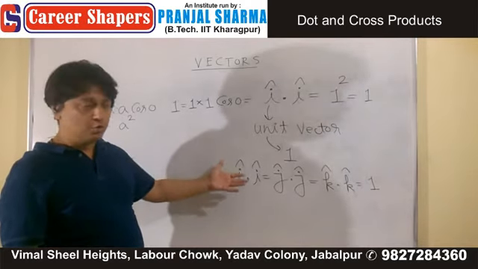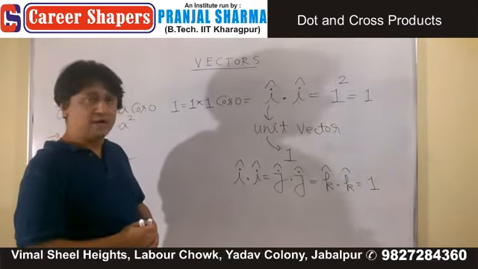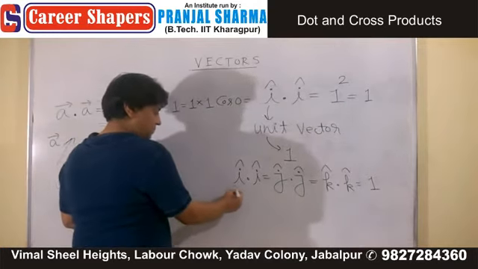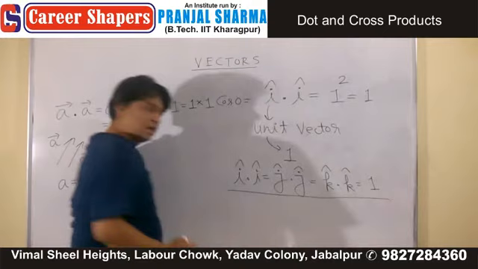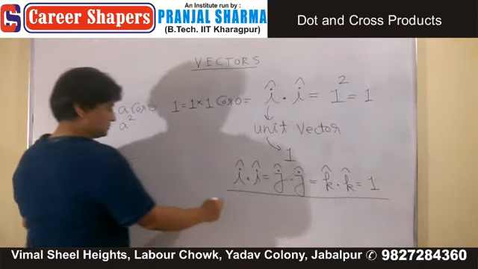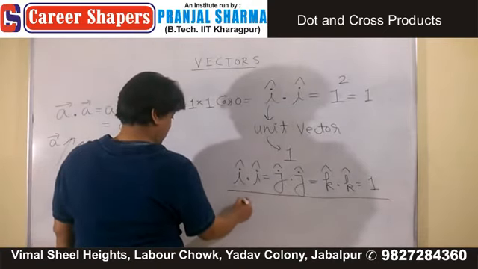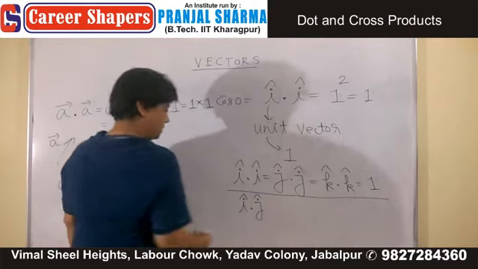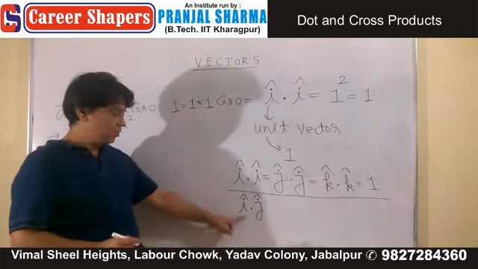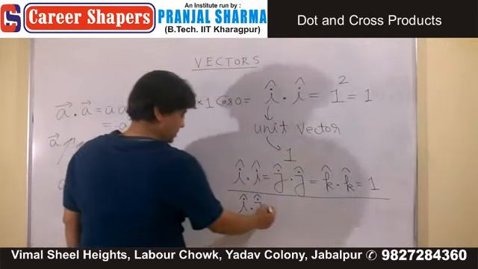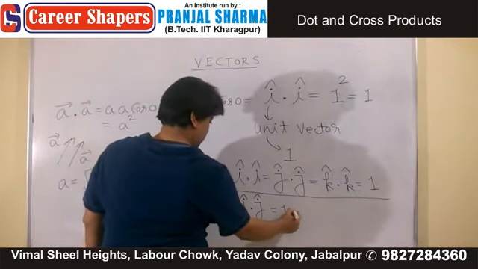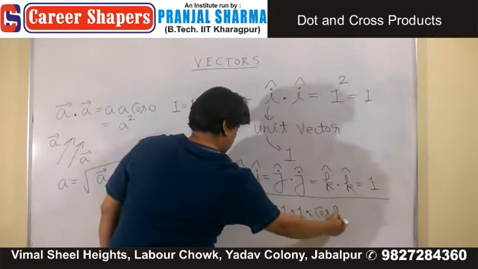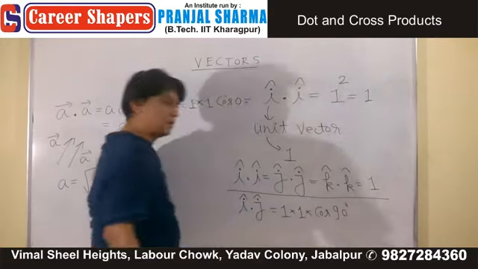I hope you already know these things, but as I told you, we are into fast revision. On the same line, if you go for i cap dot j cap, now you open i cap dot j cap, this is 1 into cos of 90.